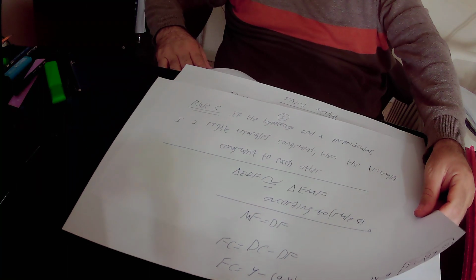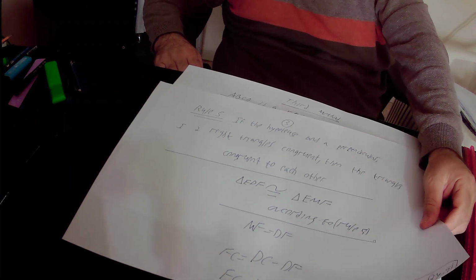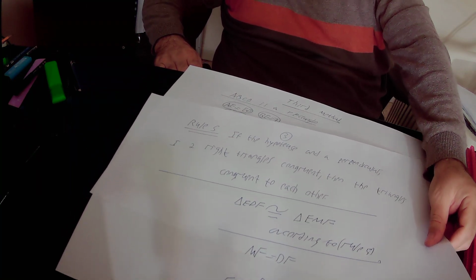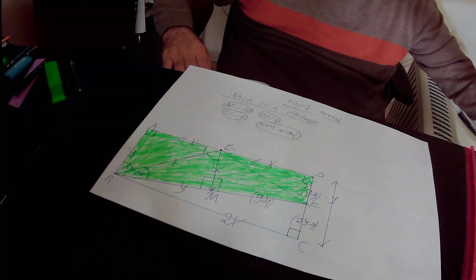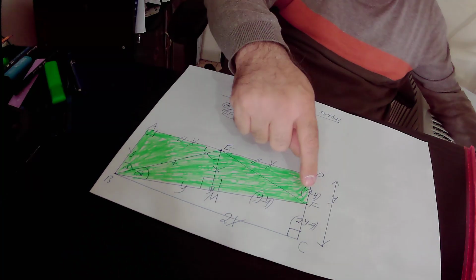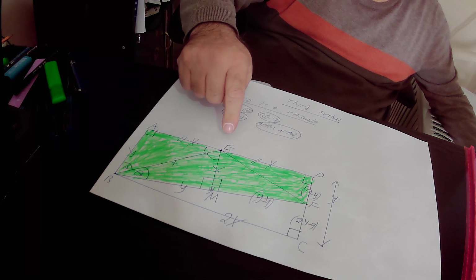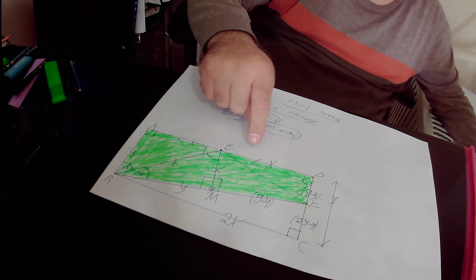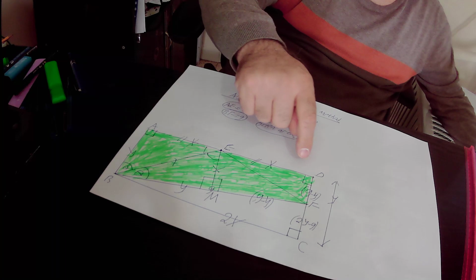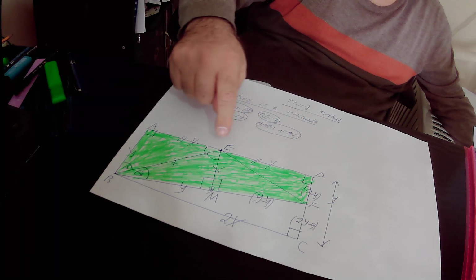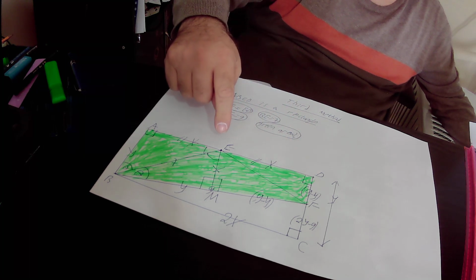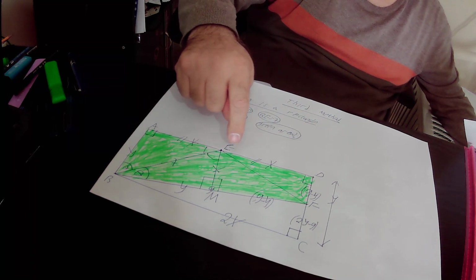What is rule number 5? Rule number 5 states that if the hypotenuse and a leg in two right triangles are equal, then the triangles are congruent to each other. And we actually proved that the hypotenuse EF and the perpendicular ED in the right triangle EDF are equal to the hypotenuse EF and the perpendicular EM in the right triangle EMF.